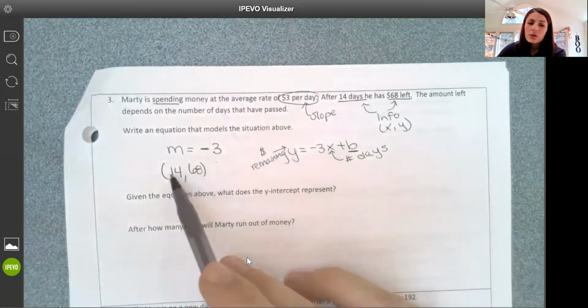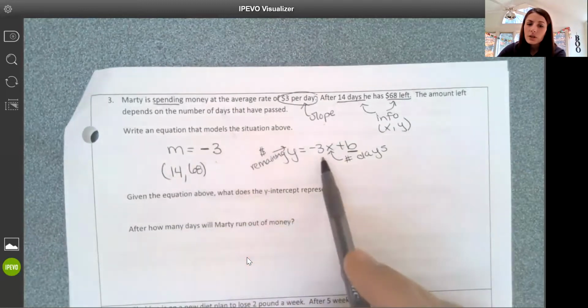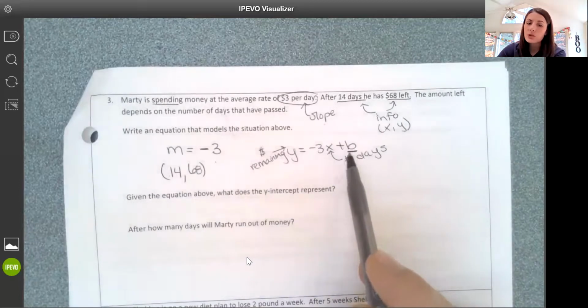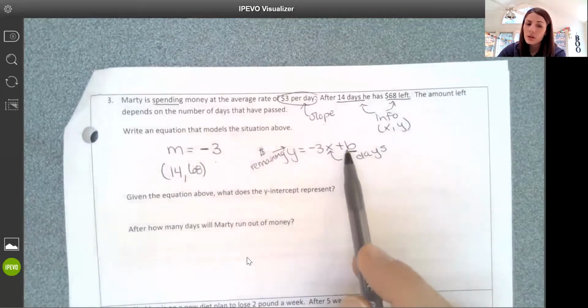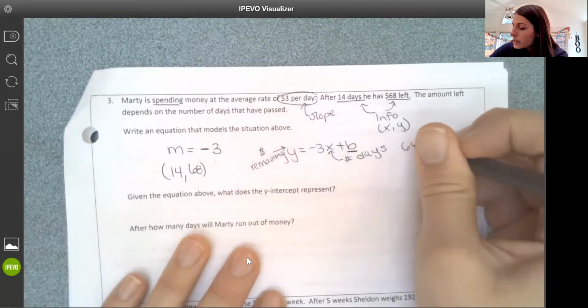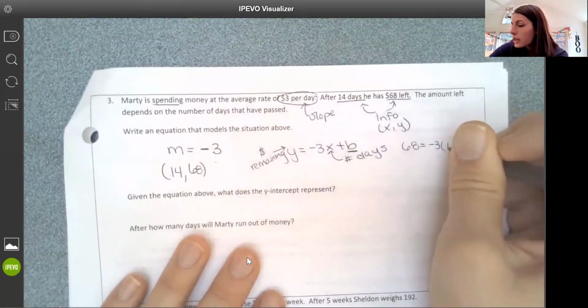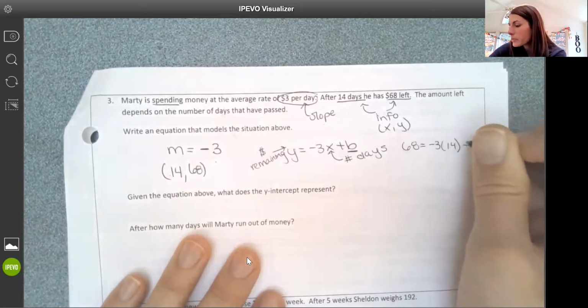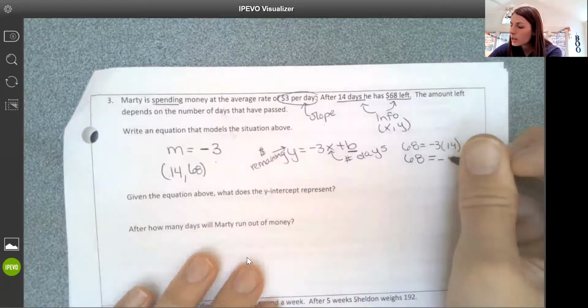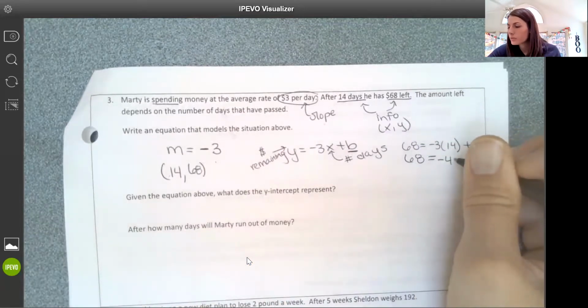And if I know that after 14 days of spending money $3 a day, that he has $68, if I plug that in, I'll be able to figure out how much money he started with, or what his B value is. So I'm going to plug in 68 for Y and 14 for X. And I'll be able to solve for B. So -42.